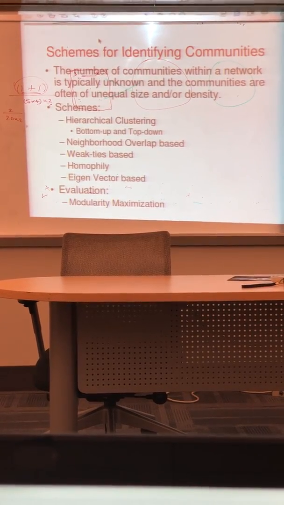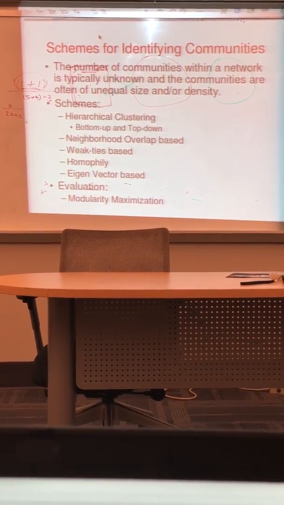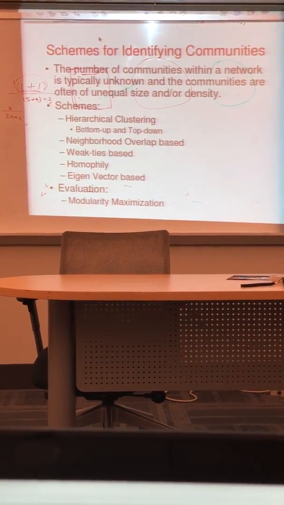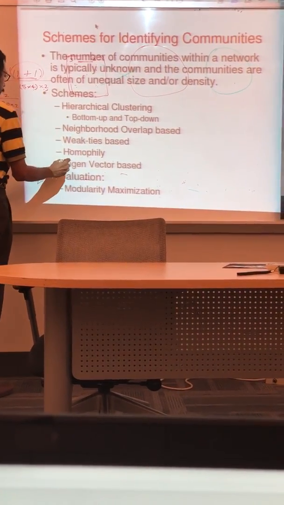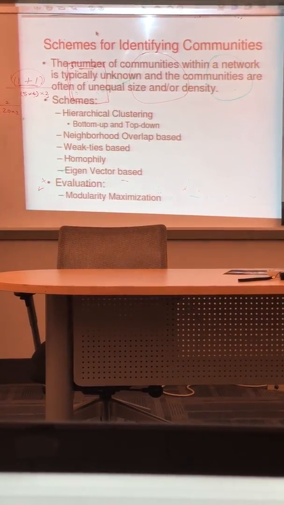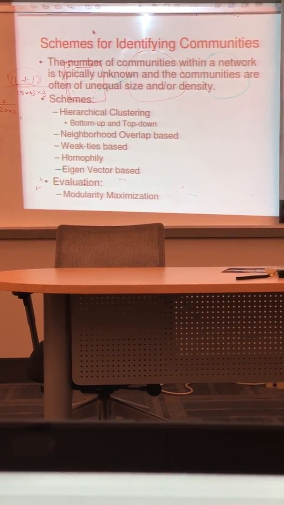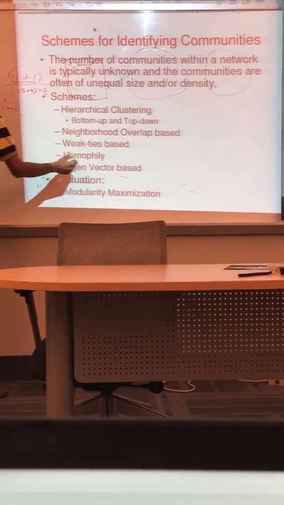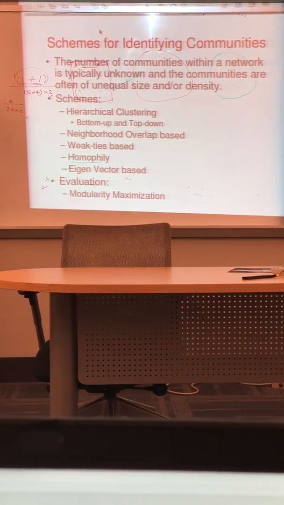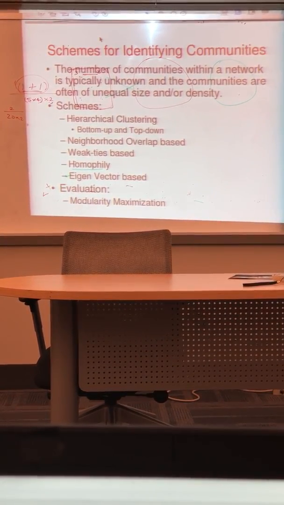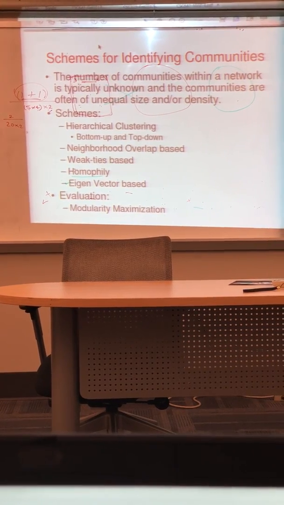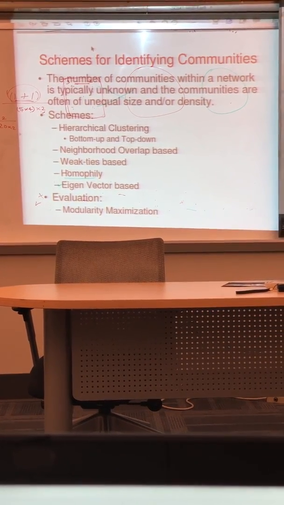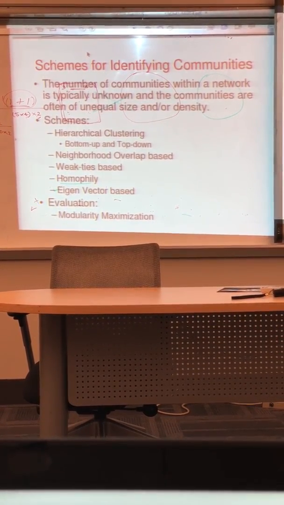Alright, so now we are going to look at some community detection algorithms. We already saw the eigenvector based approach. So we are going to see the other 4. The last one, homophily, is based on some offline information. Homo means similar, phily means liking in biology, right? So similar people like to stay close to each other.